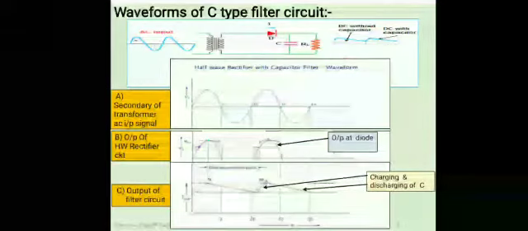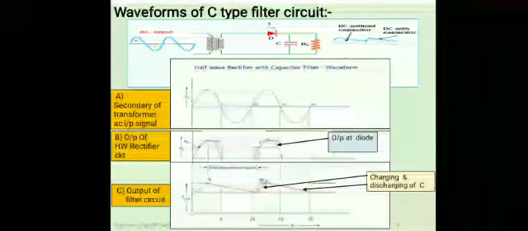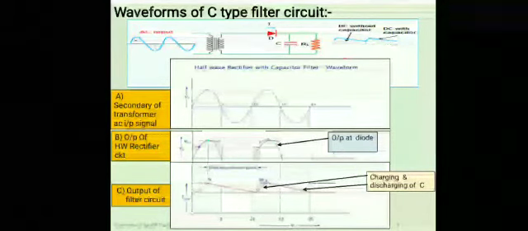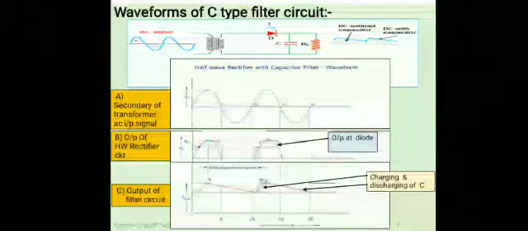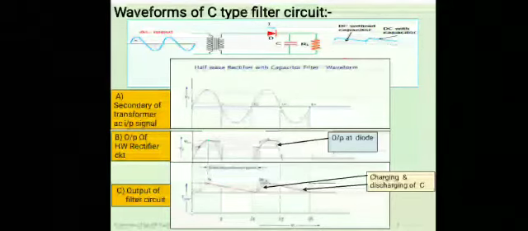So this charging and discharging, as shown in waveform C, is occurring, and we say it is less pulsating as compared to the output signal that appears at the half wave rectifier, shown in figure B. In figure B, if you use only a half wave rectifier, there is a positive half cycle output, and during the negative half cycle there is no signal.